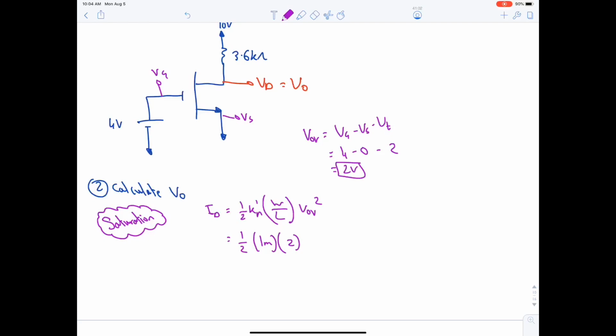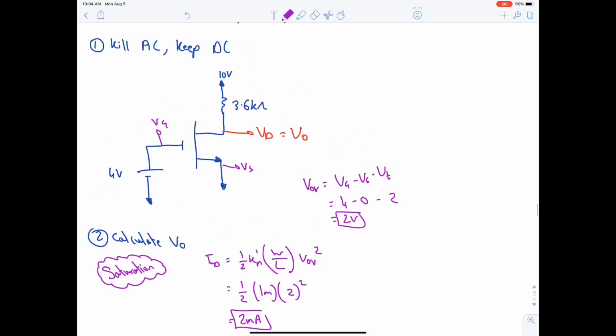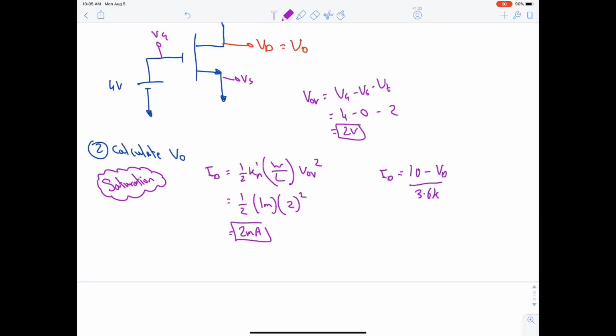So 2 squared, this will result in 2 milliampere. Okay, after finding ID, we can find VD through Ohm's law. So we can say ID is equal to 10 minus VD over 3.6K. VO, it's equal to VD, which is equal to 2.8 volt.